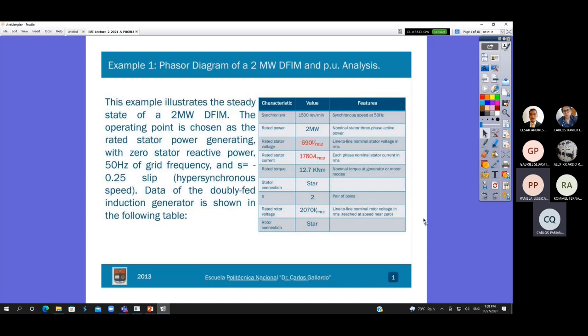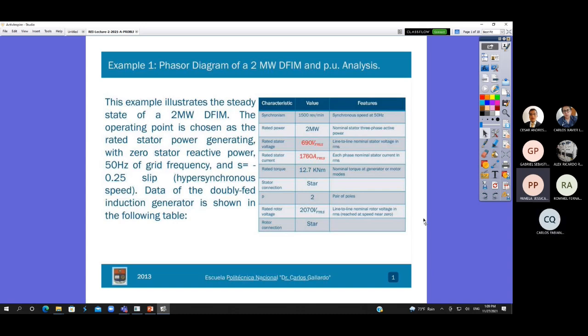This example illustrates the steady state of a 2 megawatt doubly fed induction machine. The operating point is chosen as the rated stator power generating with 0 stator reactive power, 50 Hz of grid frequency, and slip equal to negative 0.25, hypersynchronous speed.